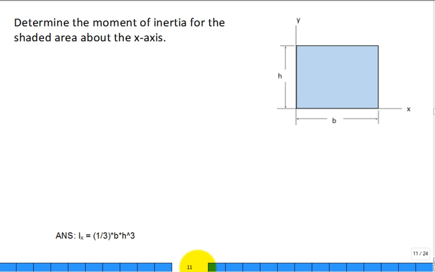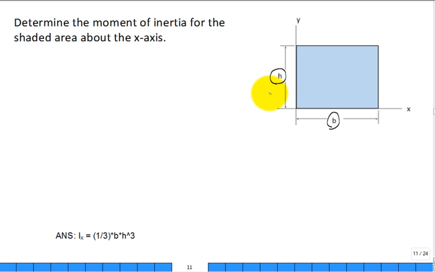Well, what we're going to find is that when we get to composites, we like to build things out of very simple elements. Well, this is a pretty simple area, is it not? That last one was pretty complex. So let's compute the moment of inertia for that shaded rectangular area of base b and height h about the x-axis.